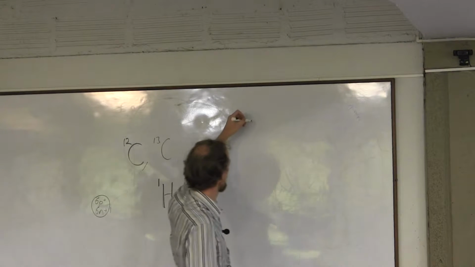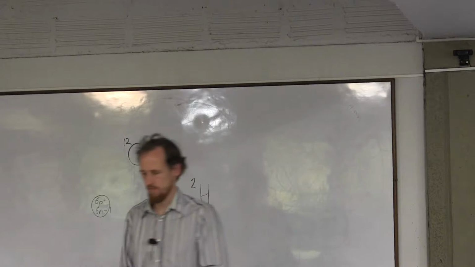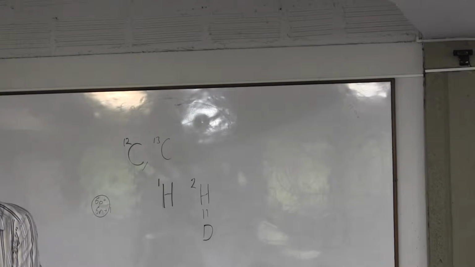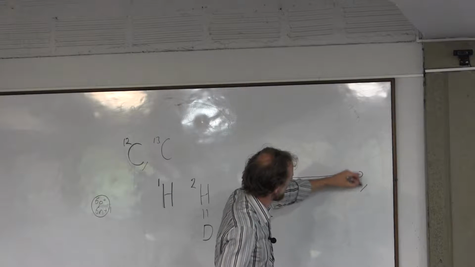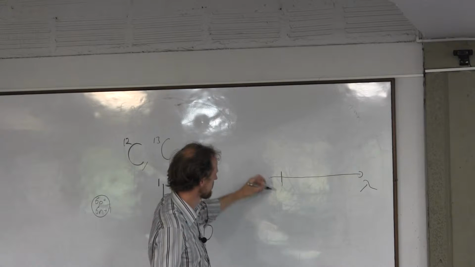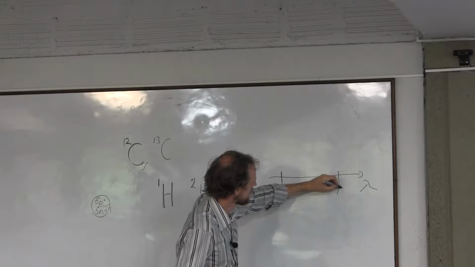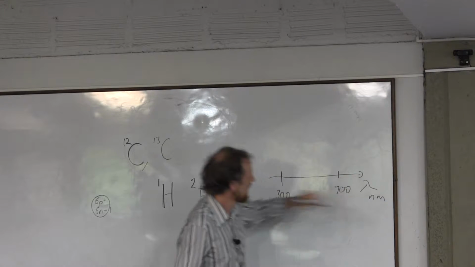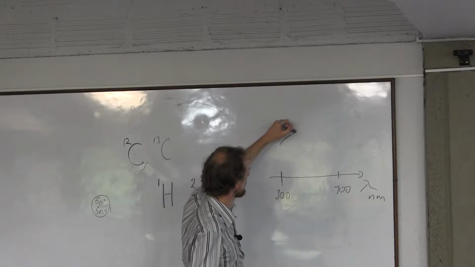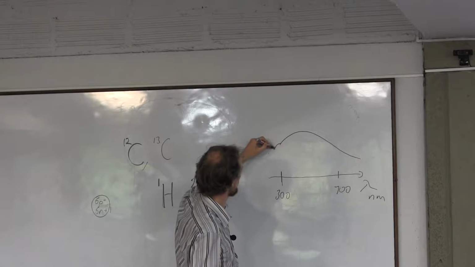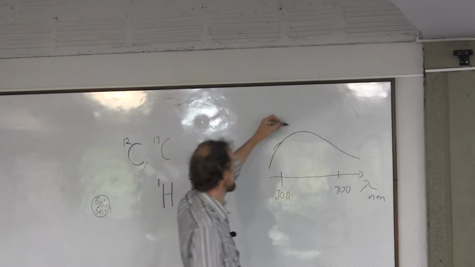If you look at the entire visible spectrum, wavelength, beginning at say 300 nanometers, going to maybe 700 nanometers or something. And if you look at the actual emission of a star, it'll be this kind of black body shape, like we saw.